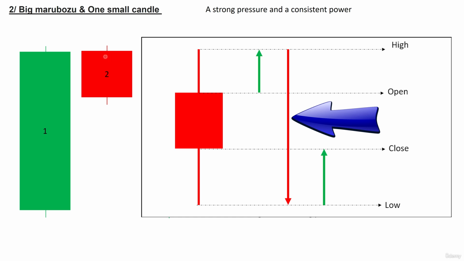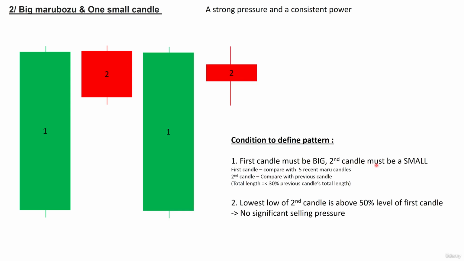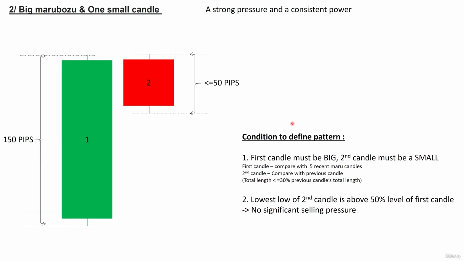Therefore, when the doji or the bin bar appears with different colors like this, you need to confirm the second candle is a small candle to reduce the risk from the reversal power. That is the meaning of the rules right over here. For example, you can see the first candle has 150 pips of total length.